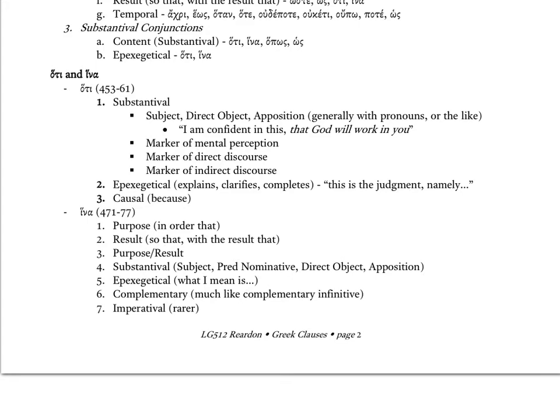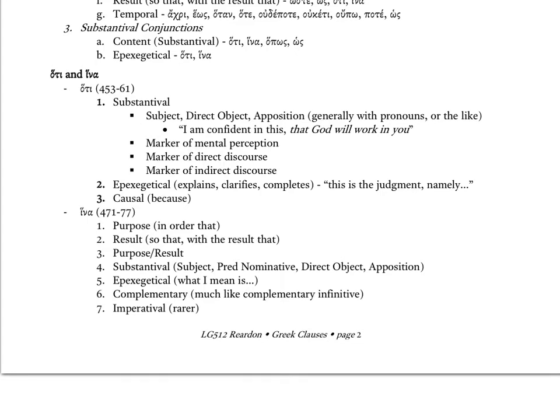So the simple one, number 3 under hoti, causal, is what it is. Because, right? It gives you a causal clause. It's an adverbial causal clause. I did these things because, and it explains the doing. It gives the why. That's pretty straightforward.